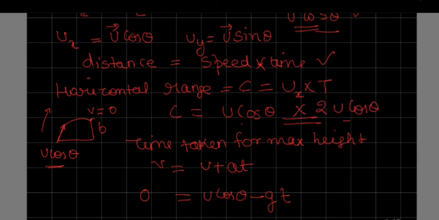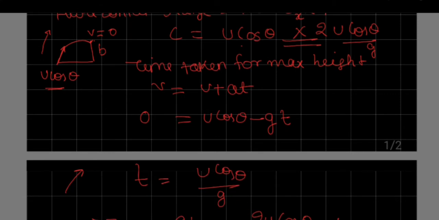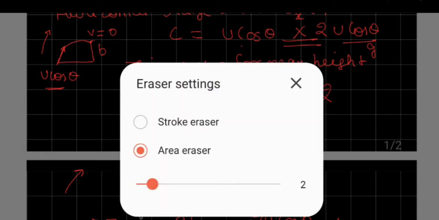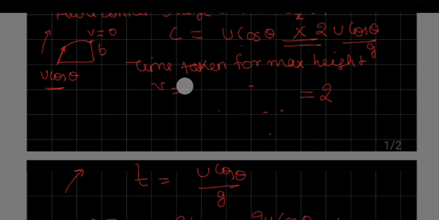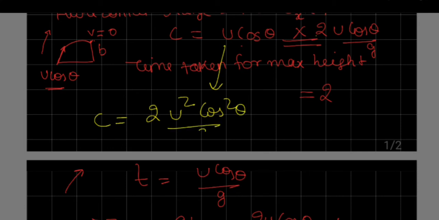If you solve it, it would be 2u square cos square theta by g, right?